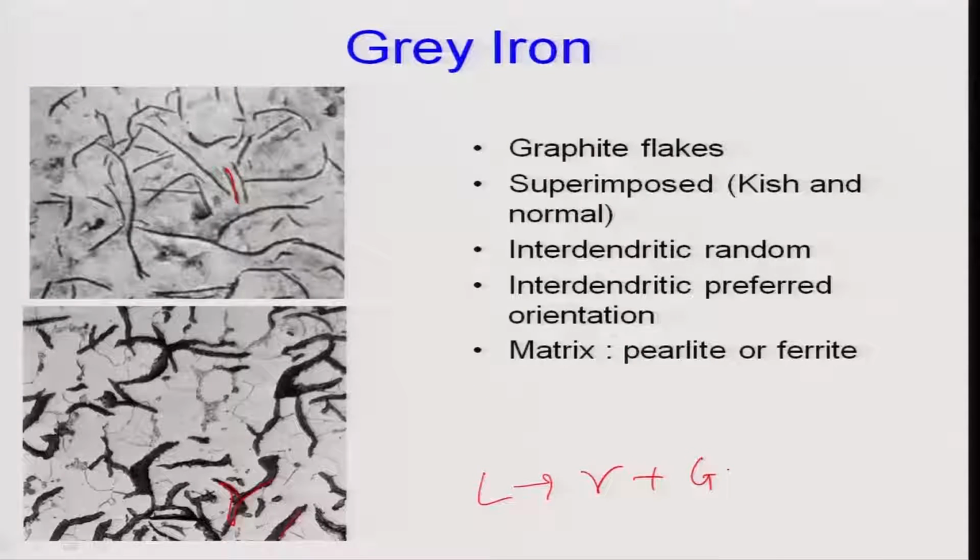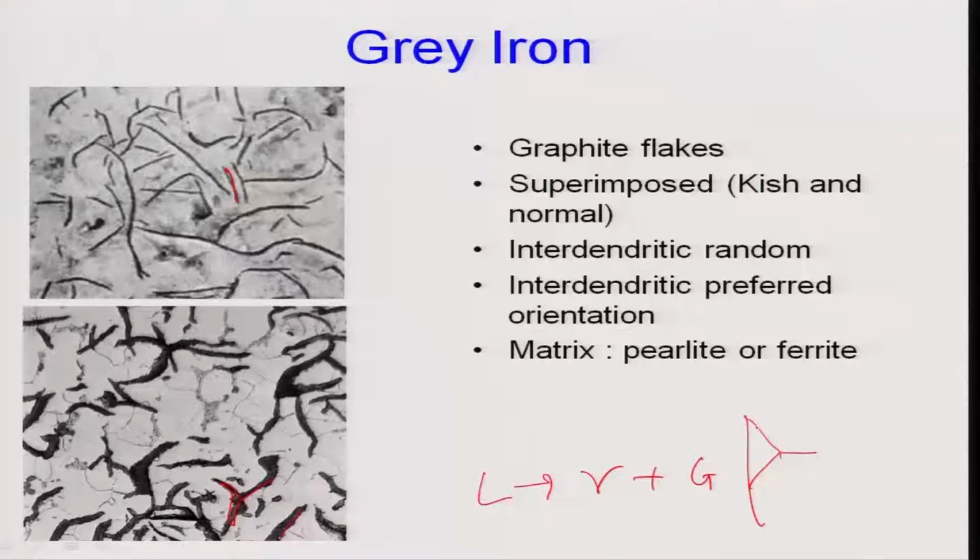Graphite flakes will grow, they will become thicker and thicker, and as they grow, they will take all the carbon out from the gamma. So gamma will be depleted of carbon. If gamma has very low carbon, less than 0.05% carbon, it will transform into alpha. It will not transform into pearlite, because to form pearlite you need to have a carbon concentration more than this much, right? You remember that curve. This is 0.05, this is 0.08.